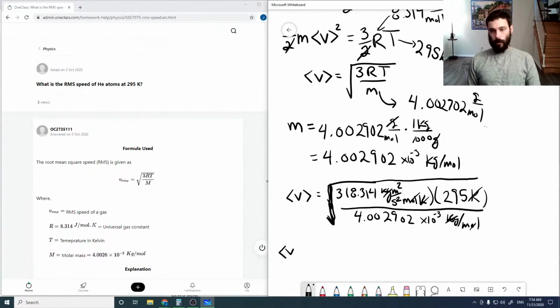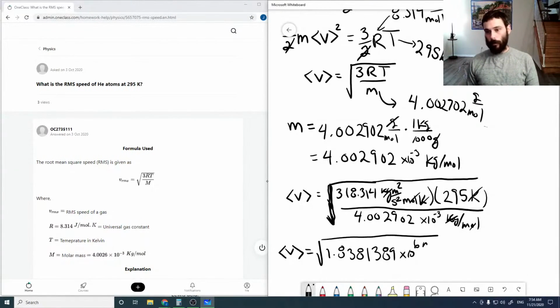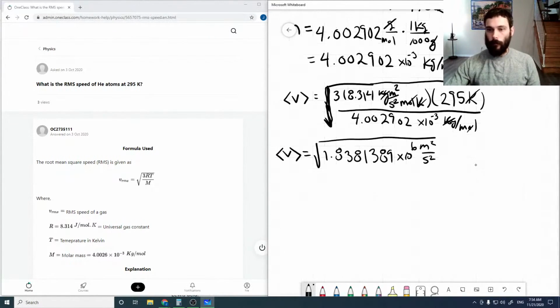So our average speed, running this all through a calculator, is the square root of 1.83389 times 10 to the 6 meters squared per second squared, or our average speed is 1.36 times 10 to the 3 meters per second, just rounding at the very end.